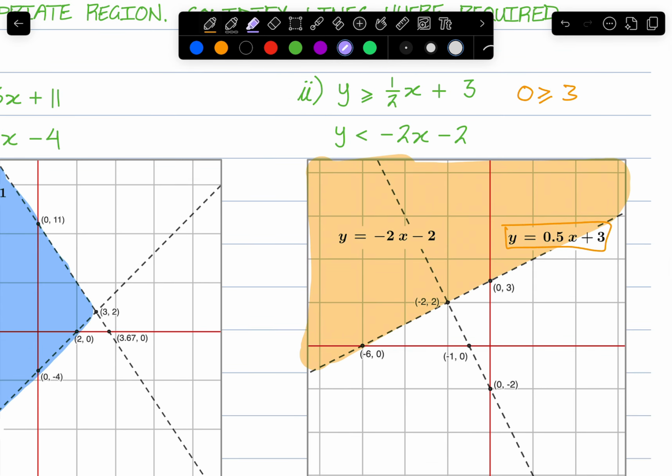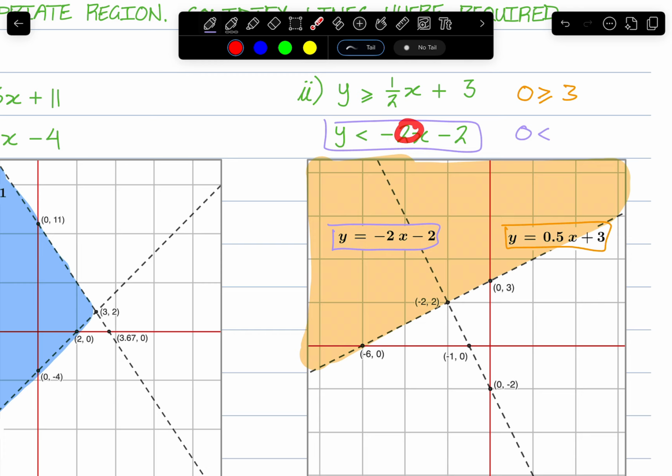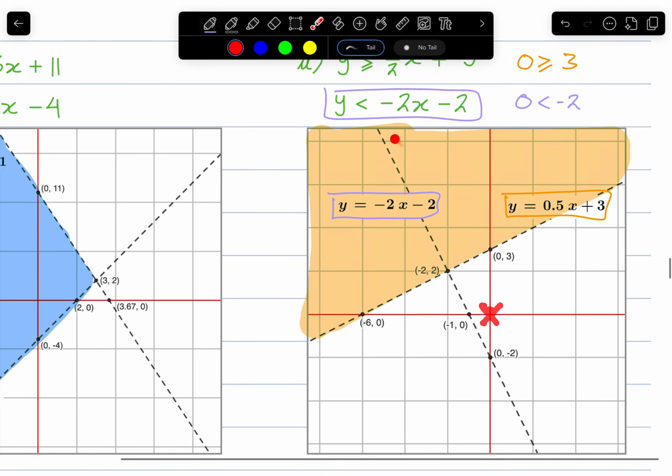And again, doing this one in purple, substituting 0, 0 into the other graph. So 0 is less than or equal to. Substituting 0 here, I get 0 minus 2. 0 is less than or equal to, sorry, less than -2. Well, that is not true. So this region, which is above this line, is not shaded.